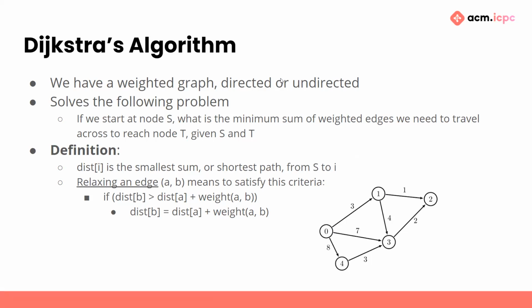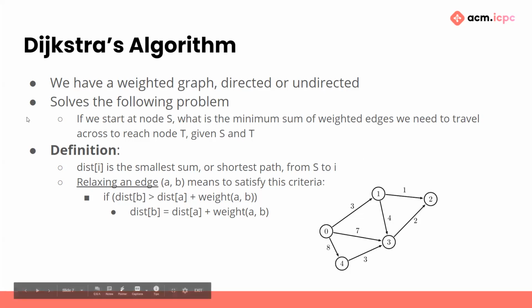Before we get into the actual algorithm itself, a few definitions will help. Let the array distance[i] be the smallest sum, in other words the shortest path, from the starting node to node i. This will be very important because we'll use it in our calculations, and the algorithm will return the whole distance array at the very end.